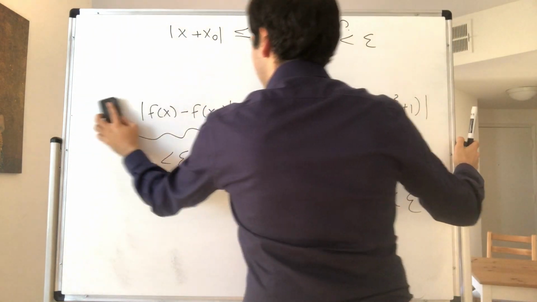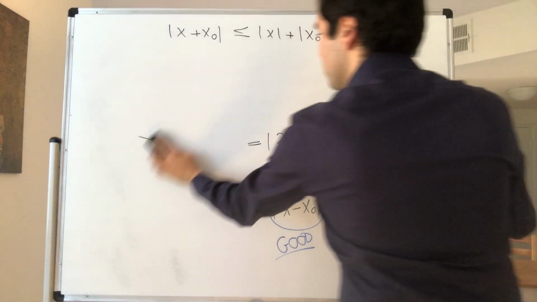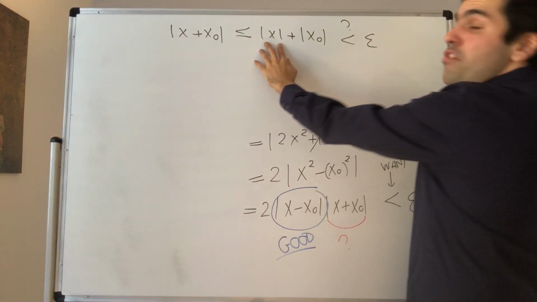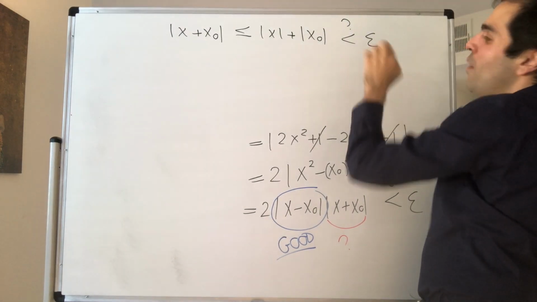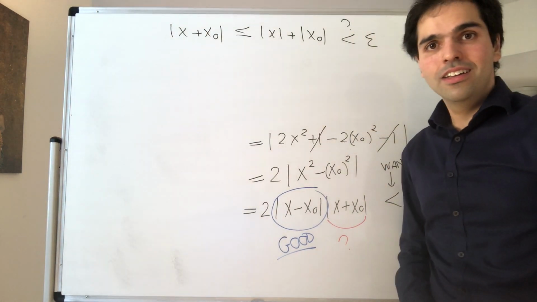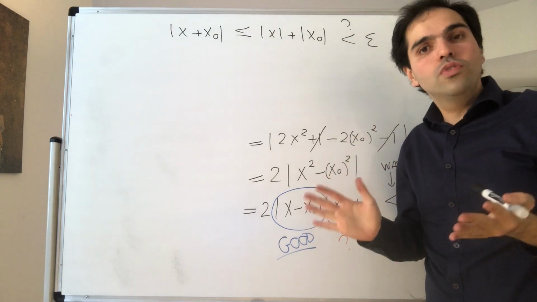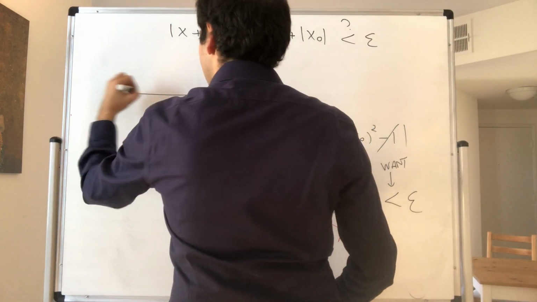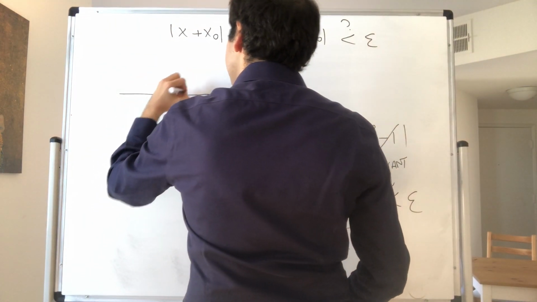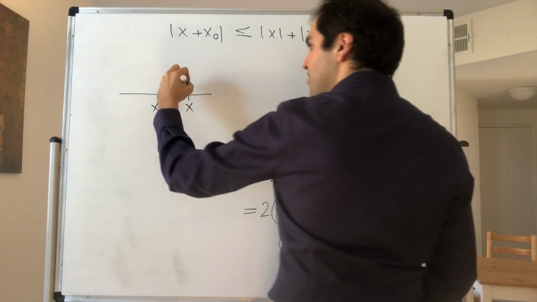However, there's a problem, because x can be very large. If x is at 9,000, there's no way to get this less than epsilon. That's why we really have to use the fact that x is very close to x naught. Because what do we have? This is x naught, this is x.